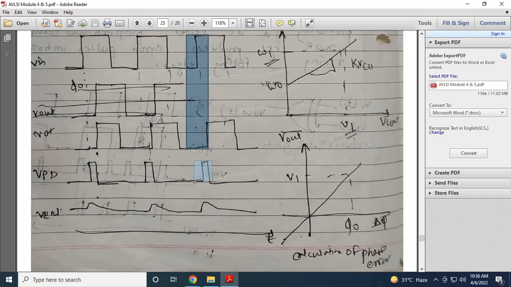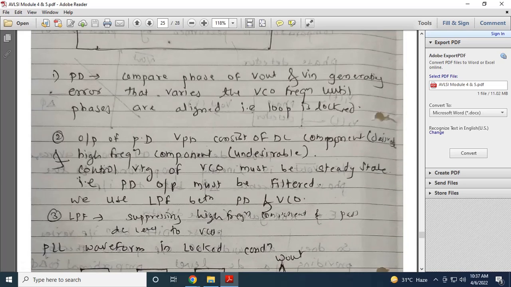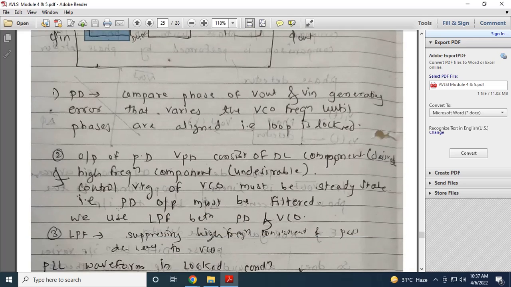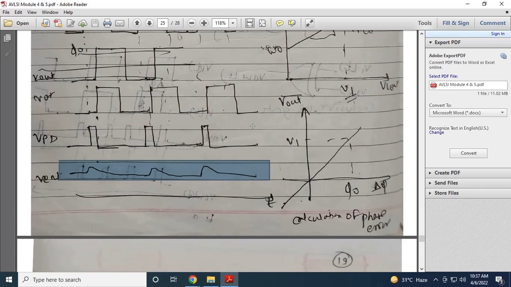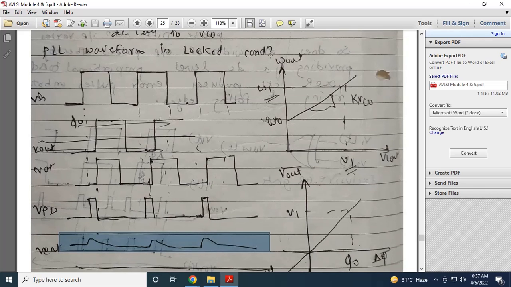In this case, the phase detector will detect the phase difference of the input signal and output signal. The output of the phase detector is filtered by the low pass filter. So this is the DC voltage, this is the output frequency controlling voltage, omega 1 minus omega 0 divided by V1 minus V0, that is the gain.